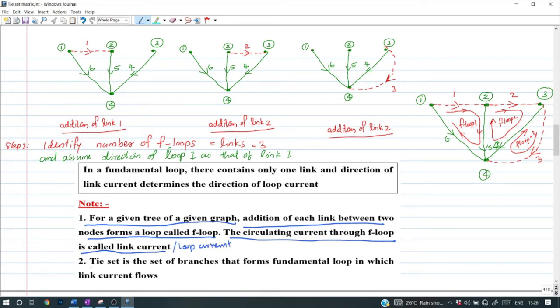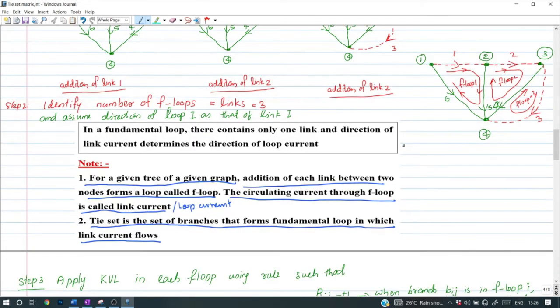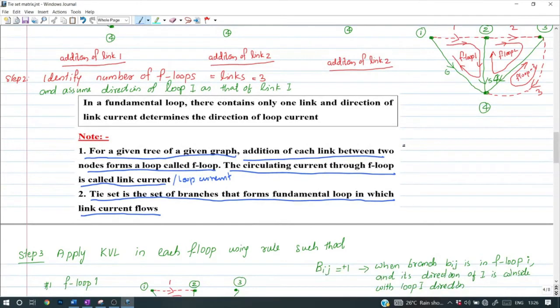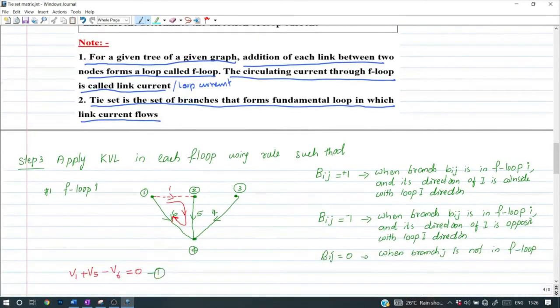Another point: a tie set is a set of branches that forms a fundamental loop in which link current flows. So the set of branches that forms fundamental loops is known as a tie set.